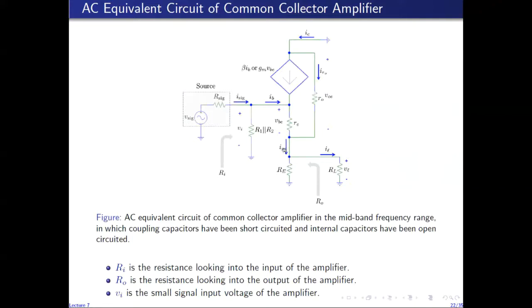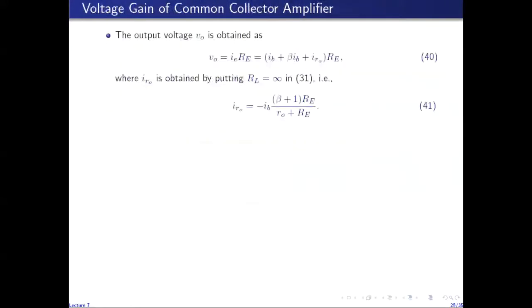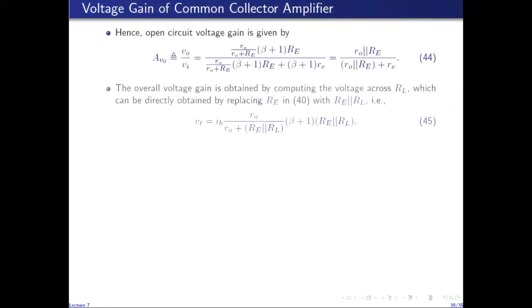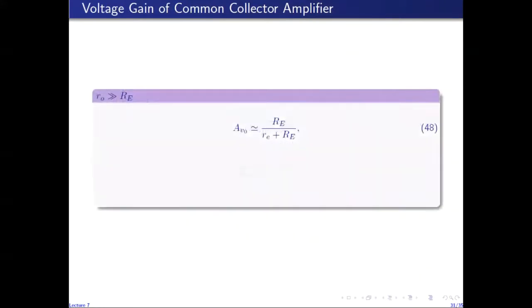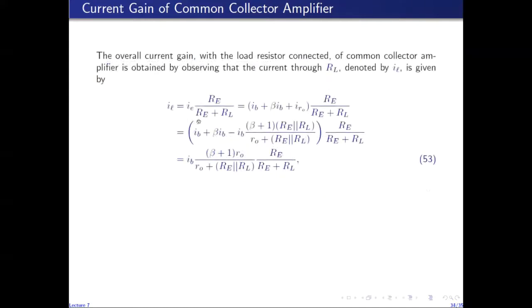And small IE in turn is given by the current through this branch, which is IB plus beta IB plus IR naught. And we've already computed IR naught. So using these formulations, we can find the current flowing through RL, which we denote by IL, and we can find the expression like this. So IL is small IE times RE over RE plus RL.